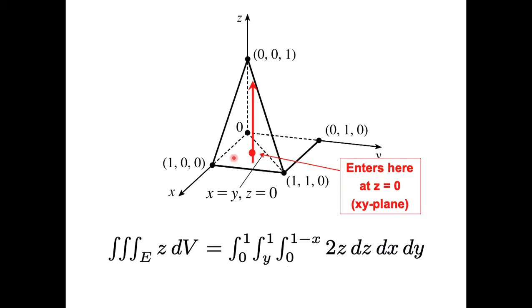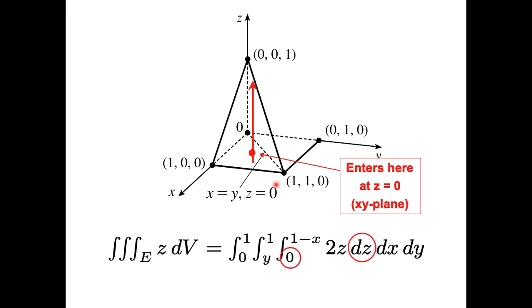It's entering through the floor here. Now that point just happens to be there. It could have been anywhere within this little triangle here, but the point is it's entering through this floor on the xy plane. And since it's the xy plane, that obviously is going to be z equals 0. And that's why that's my lower limit to start us off. So hopefully that's not too bad.